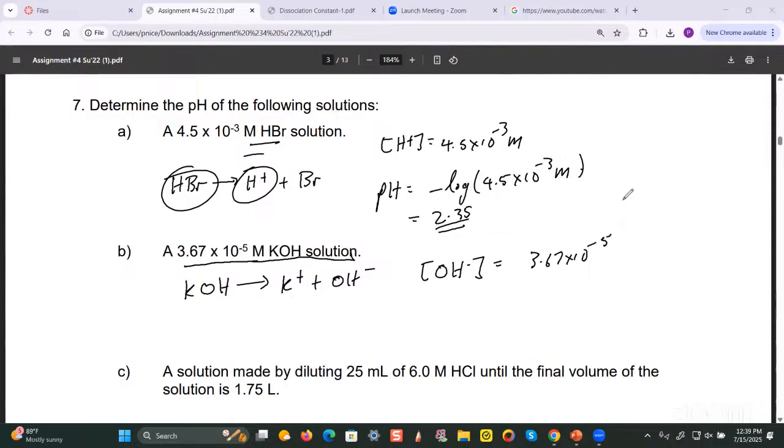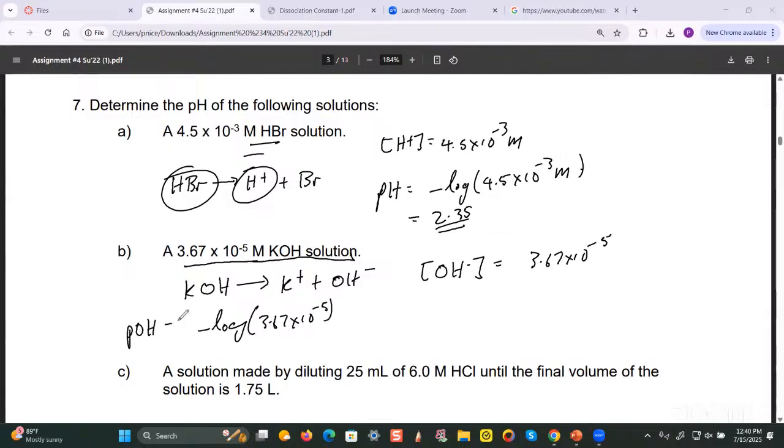So what would you do next to find the pOH? I'm sorry, I gave the hint away already. Minus log of the OH concentration, 3.67 times 10 to the minus 5, and that's the pOH.